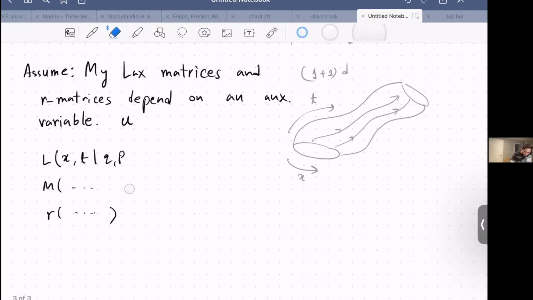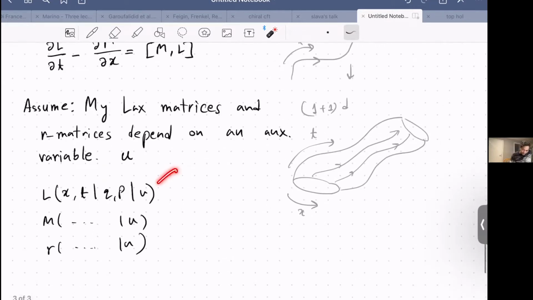But I am adding to this description yet another variable. This variable has absolutely no interpretation as a coordinate in your physical system. What this variable tells you is that you have not a single Lax pair and an R matrix. Rather, you have a family of Lax pairs and R matrices, one for each choice of u, whatever u is. Okay.